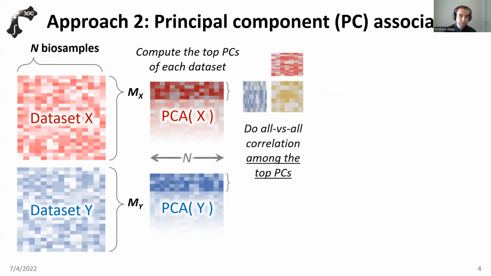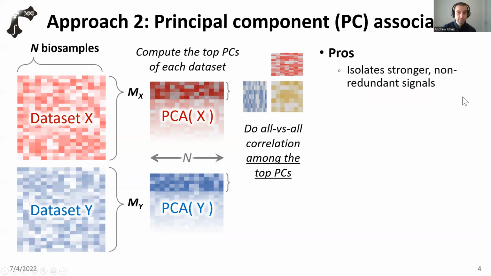Now when you compare the principal components of X against the principal components of Y, your feature by feature comparison matrix is now much smaller. So it isolates stronger non-redundant signals. And as I said, this matrix is much smaller now.